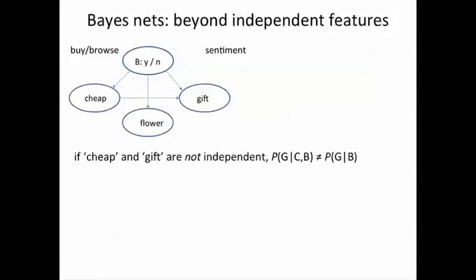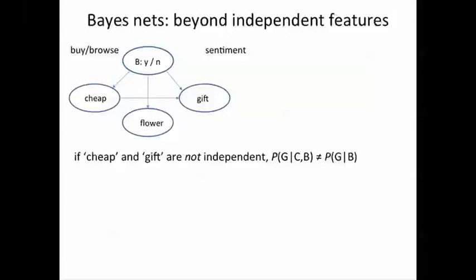The trouble is, if the words cheap and gift are not independent, that is, the probability that somebody uses the word gift depends on the probability that they use the word cheap, that means the probability of using the word gift, given that they use the word cheap and that they are a buyer, is not the same as the probability of gift independently.